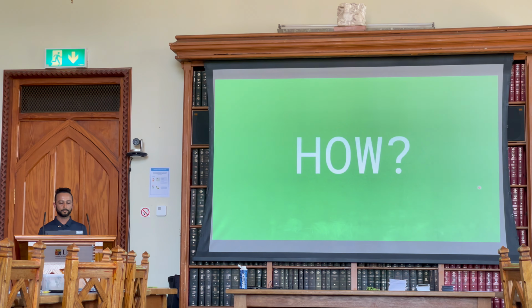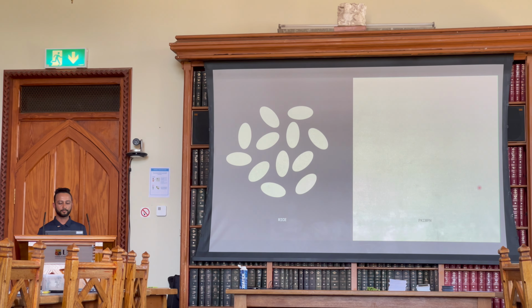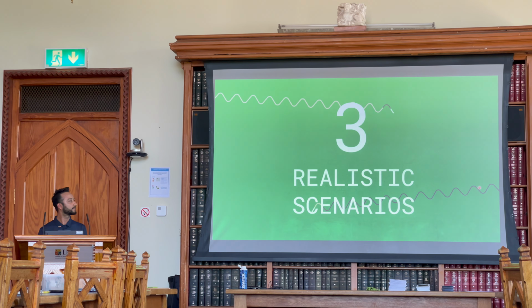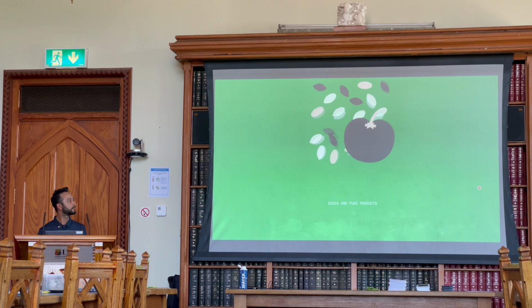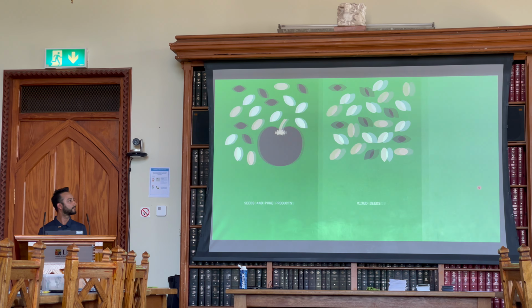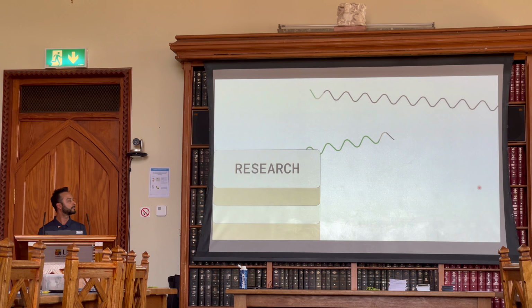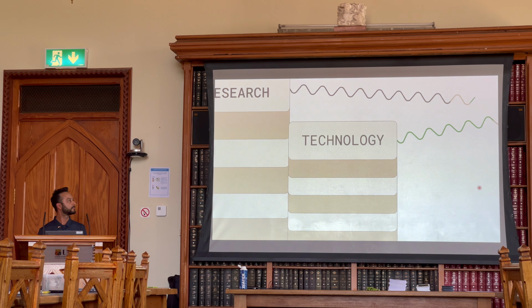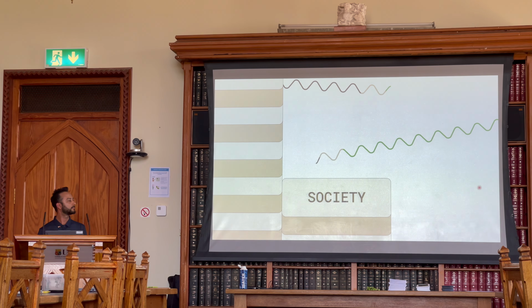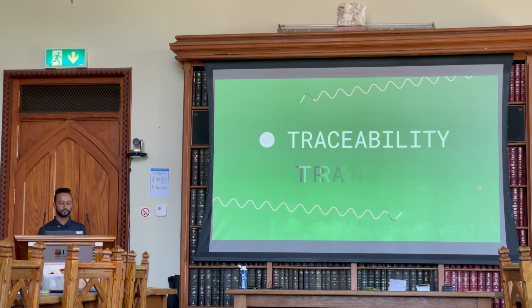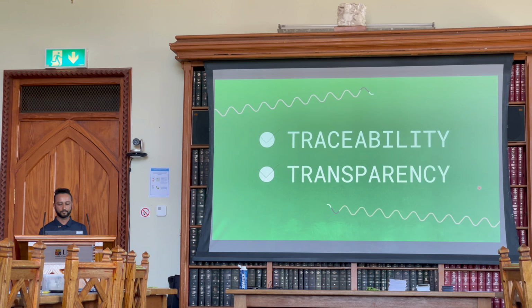How? With 2 different plant species, rice and tomato. 3 realistic scenarios will be played out to validate detection methods for seeds and pure products, mixed seeds, and processed food. This will help advance research, increase trust in technology, improve knowledge in society, and support economic growth, all while ensuring traceability across the food chain and transparency in the legislative framework.